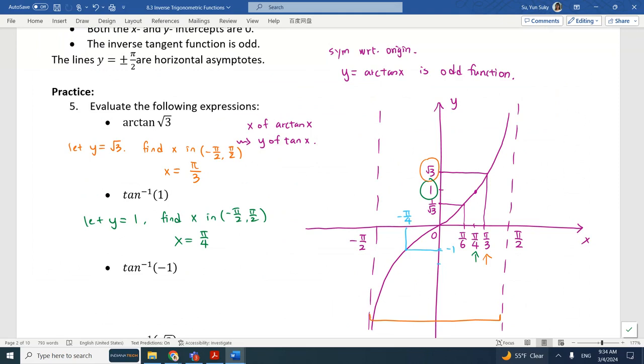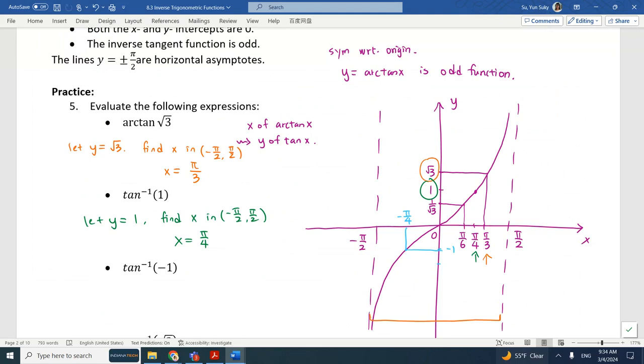Keep in mind, negative 1 corresponds to minus pi over 4, because this is symmetric with respect to the origin. The reference angle is pi over 4, so that here is the negative of that.